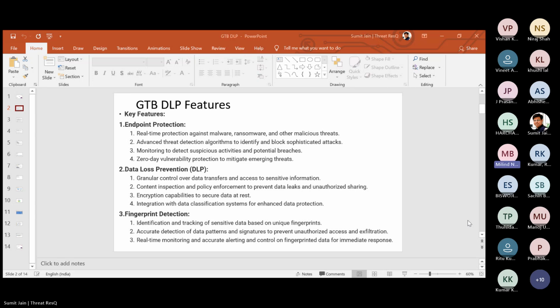So using this fingerprinting technology, your GTB DLP has an ability to almost classify any kind of data whichever you want as per your choice.